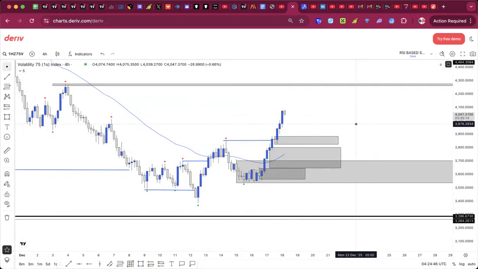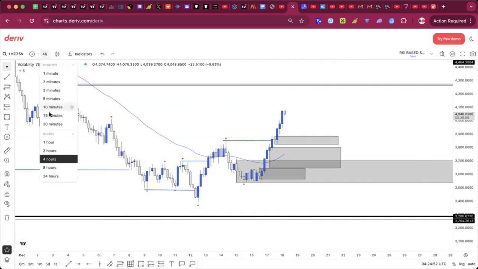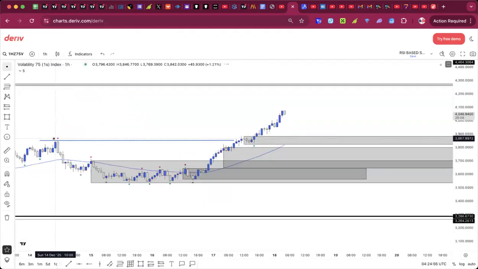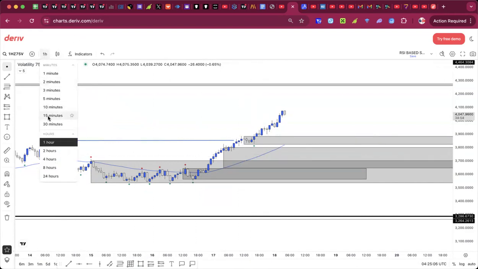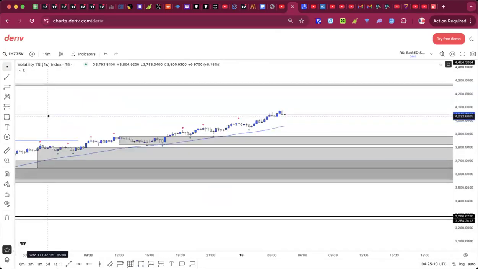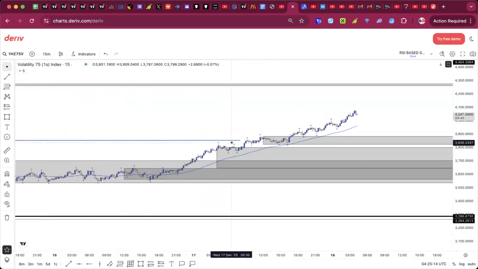You have to mark, please identify some of those points, so that when the market starts reacting from there, you know what it's reacting to. So on 1 hour, there's not much job to be done. The same thing on 15 minutes.